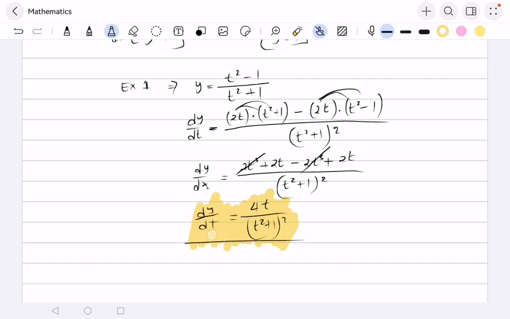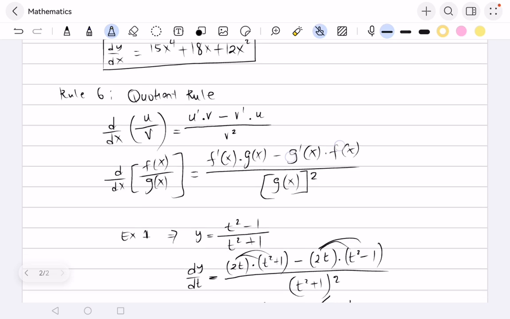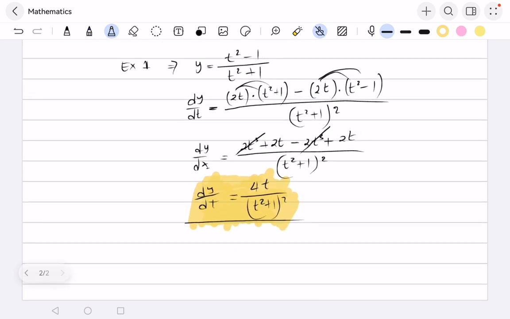So these are the rules of differentiation. In the future video or in the next video, I'm gonna add more rules, but for now we will suffice with these 6 rules. There's still more rules that we can do, such as differentiating the power rule for a negative integer, right?